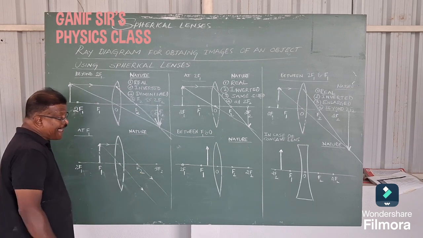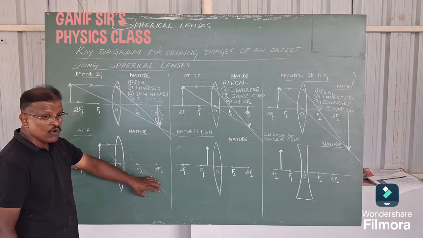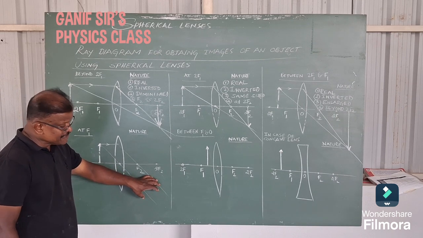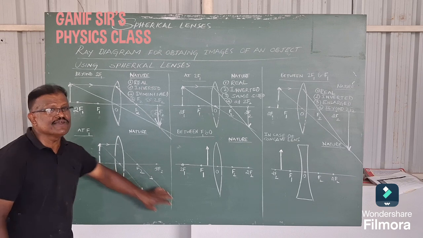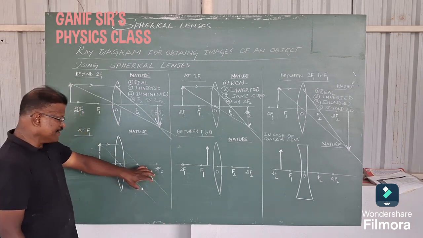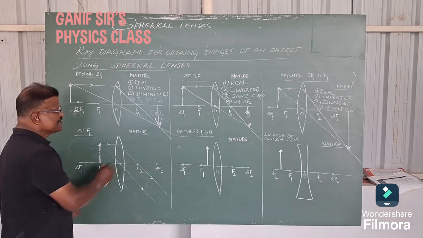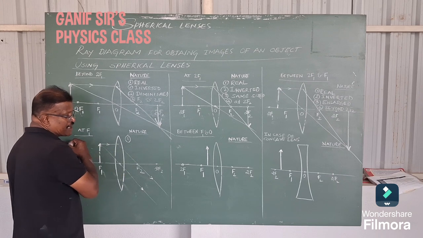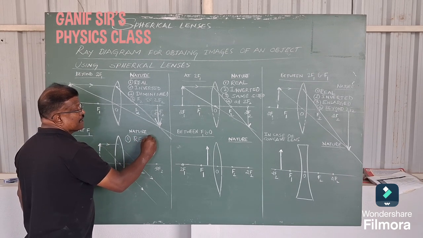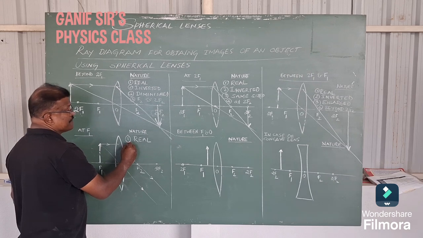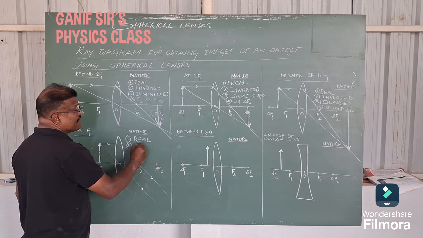Since they move parallel, they won't meet at a near distance, but mathematically they meet somewhere at infinity. That means the nature of the image obtained is real, and of course when it is real, it is inverted.